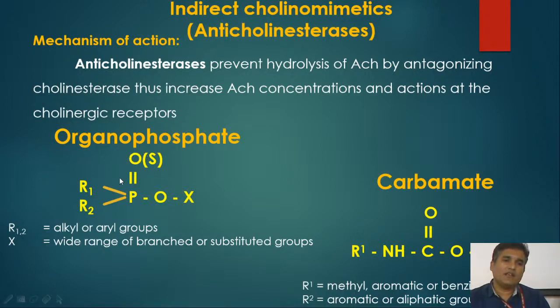This is the typical portion of an organophosphate. R1 may be an alkyl or aryl group, depending upon the compound, R2 is also an alkyl or aryl group, and X may be a branched chain substituted group. The basic moiety of organophosphates is this, and it is very lipophilic.